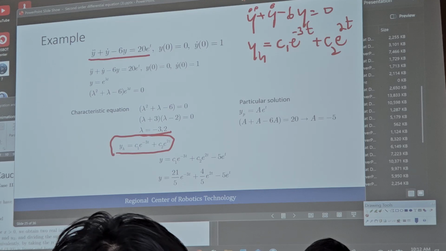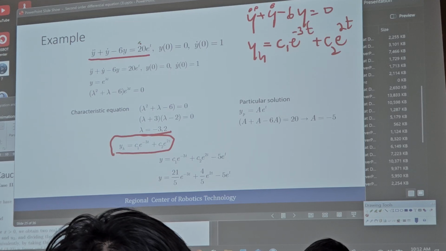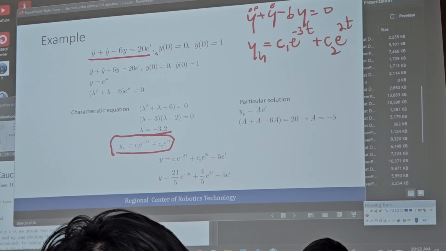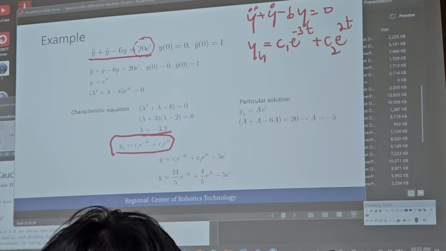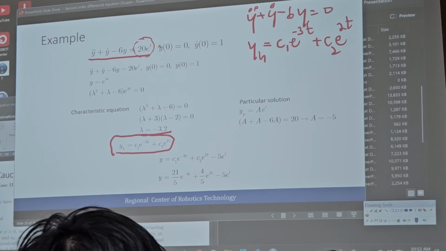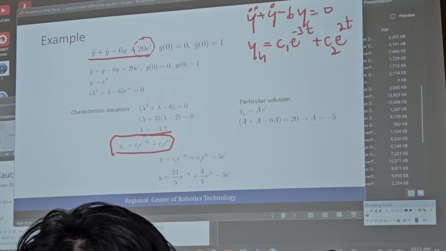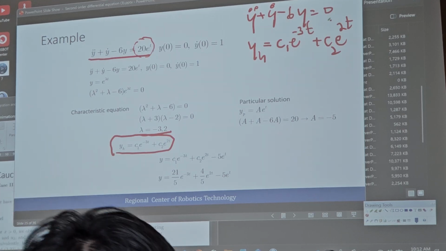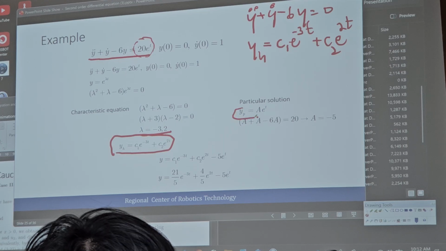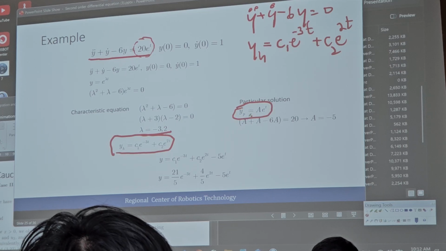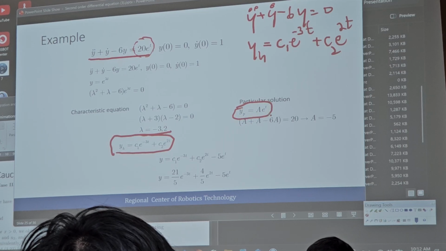Okay. So look at this one. You have this external input, this e to the t, which is not the same as one of these. So you can assume yp equal to a e to the t.